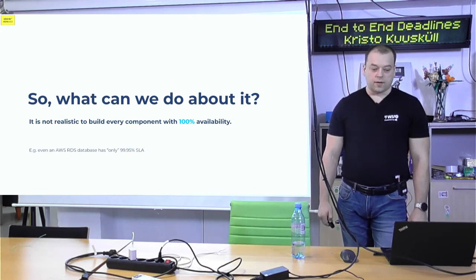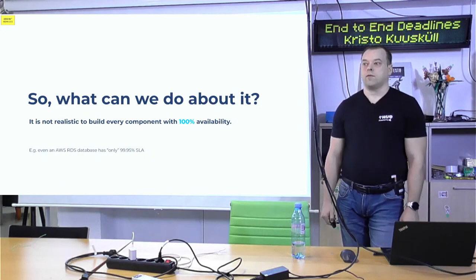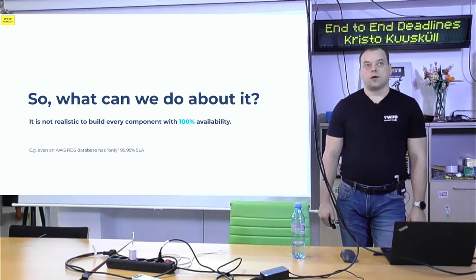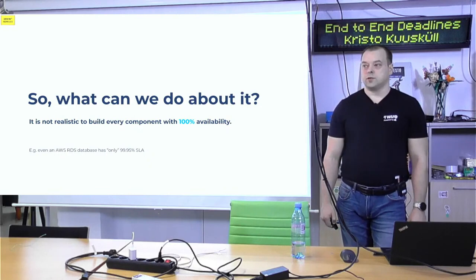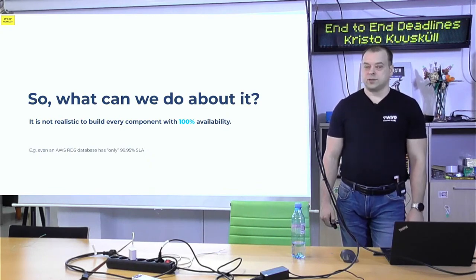And why? It depends on complexity as well. If you have very simple components doing something very simple and straightforward, only one thing, you could have very high availability. But anything like typical business logic services, which have, let's say, 50 different endpoints and different background processing, and use messaging systems and databases and other components over the network.